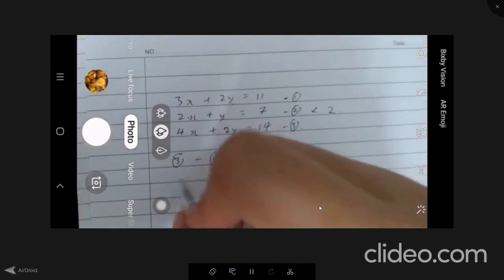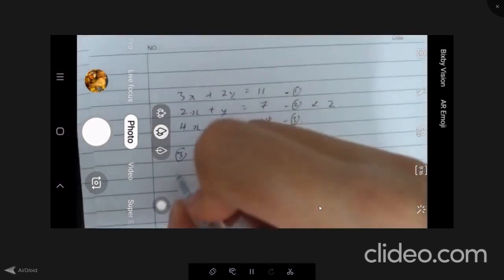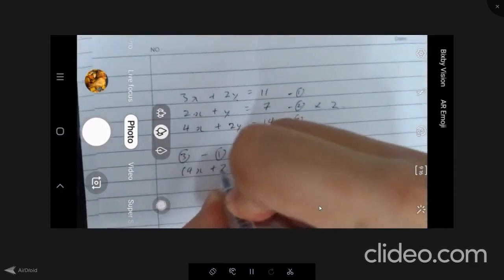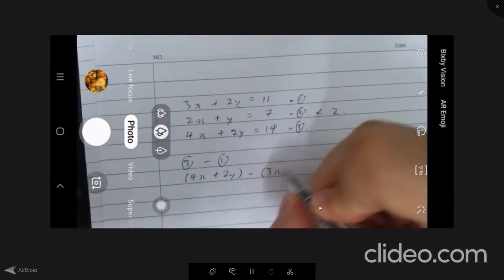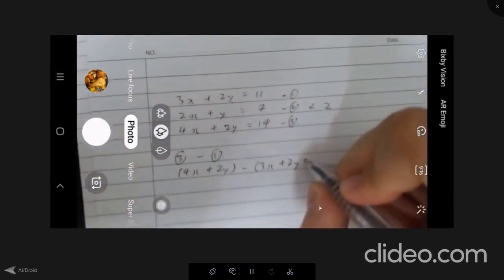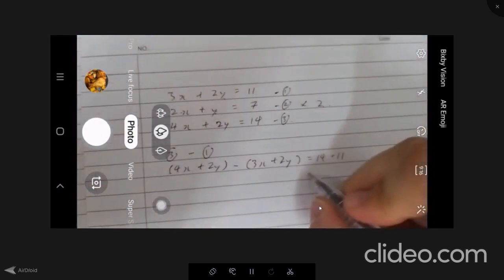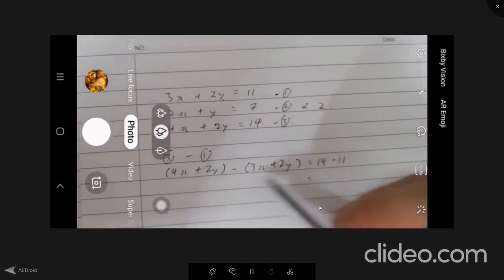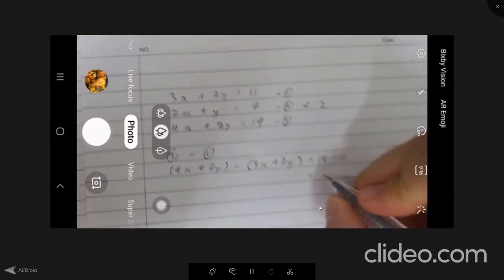I do the better method: 4x plus 2y, the left hand side of equation 3, minus (3x plus 2y), equals 14 minus 11. Do it this way will be better, because you will not miss out possible negative, negative, positive stuff like that.